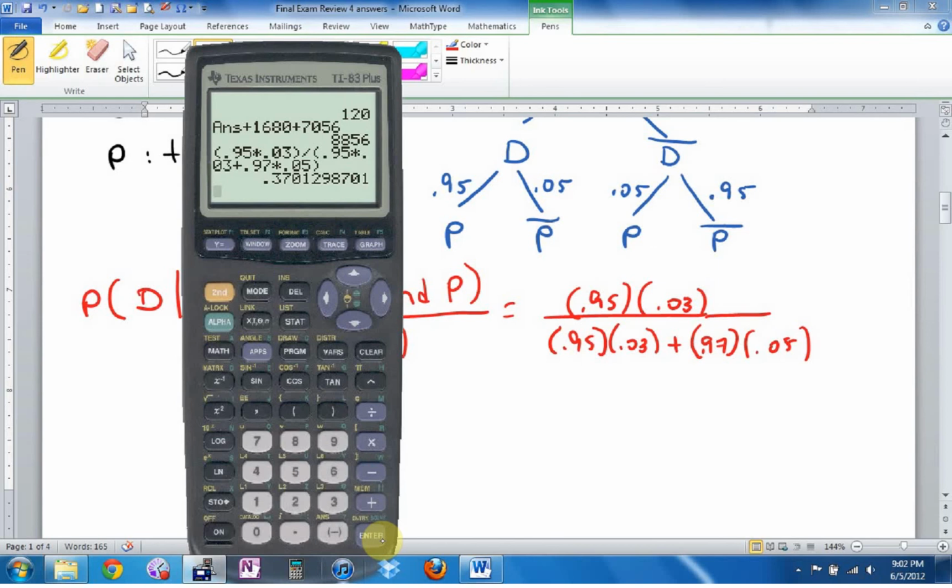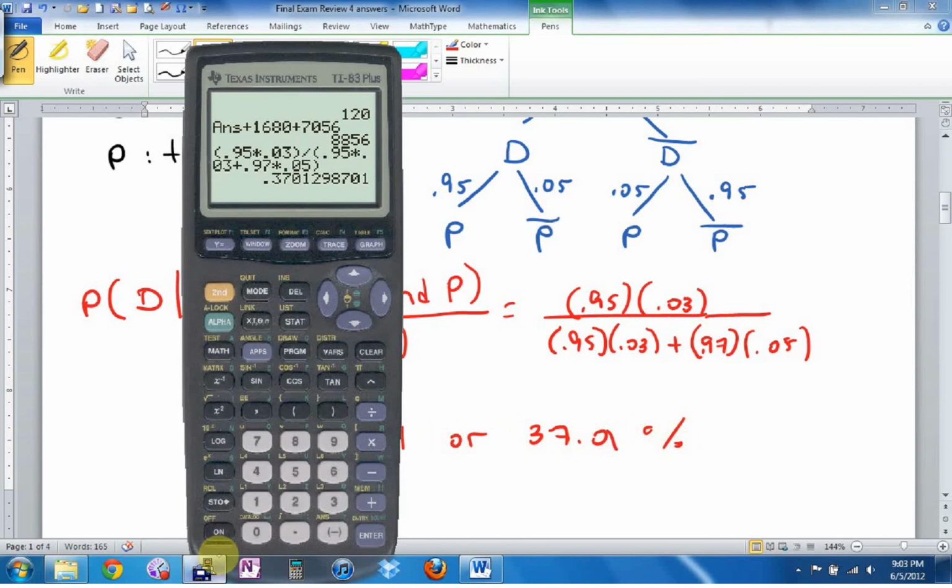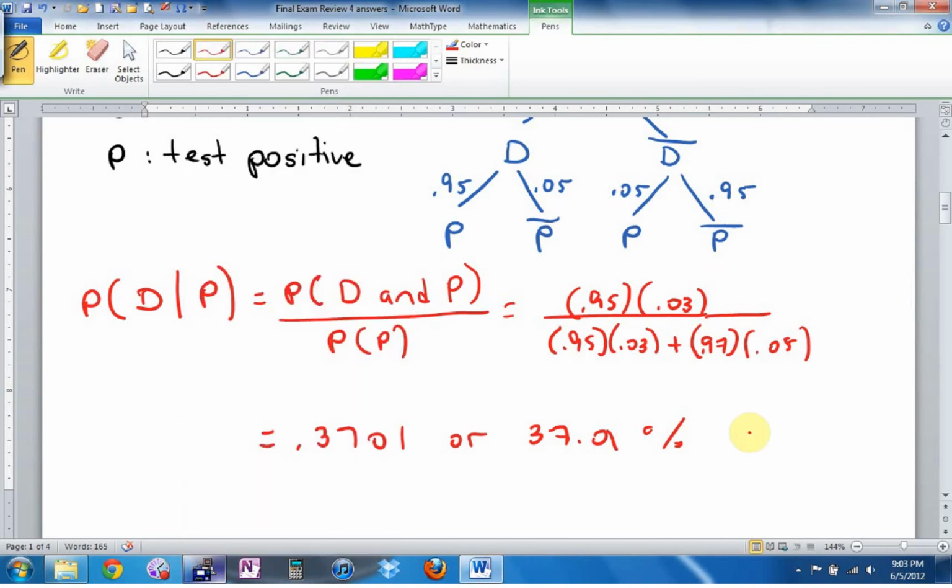You got a good chance of being healthy. 0.3701 or 37.01%. Let me just double check to make sure I typed that right. Yep, I did. What's the moral of the story? Get a second test. Or, if you hear somebody testing positive for a banned substance, wait till you hear the results of the second test.